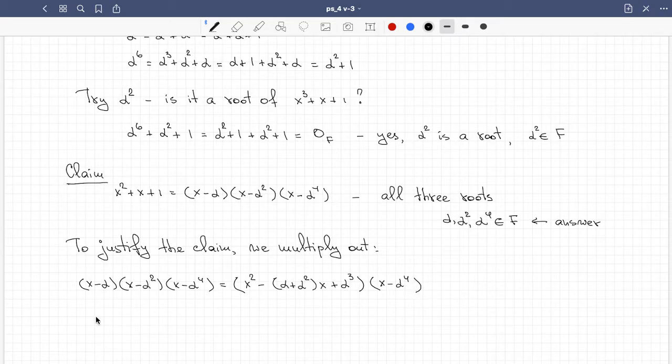Now I continue. x cubed plus, now the coefficient of x squared comes from this multiplication and alpha to the 4. So the coefficients are negative alpha squared, negative alpha to the 4, x squared.